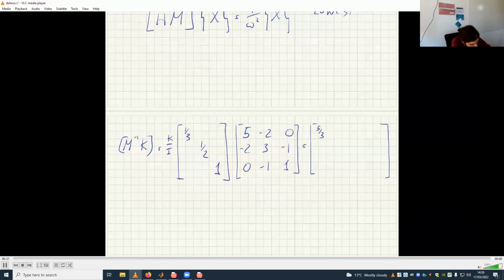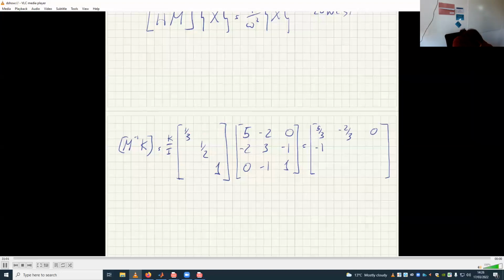The second element, first row, second column, is minus 2/3. And this is 0. For the second row, we have 0 times 5 plus 1/2 times minus 2 plus 0 times 0, so this is minus 1.